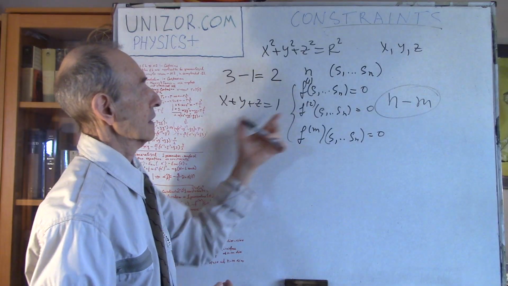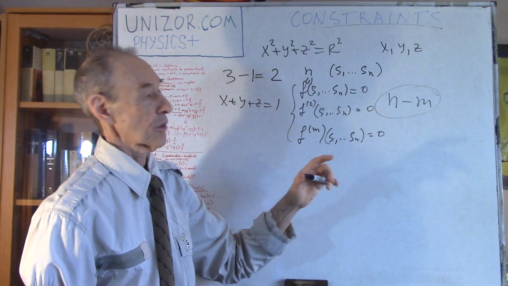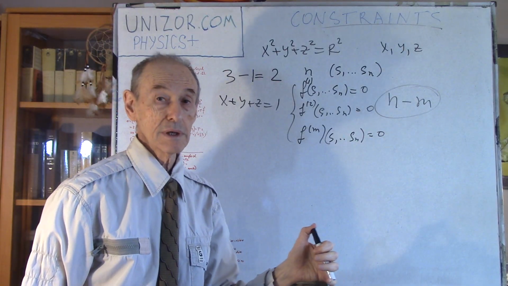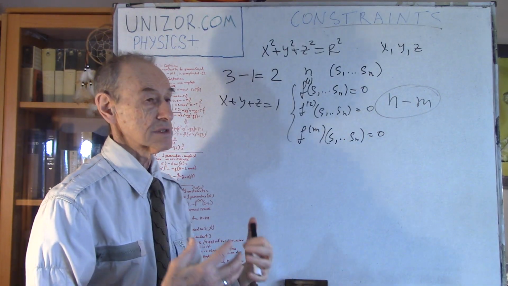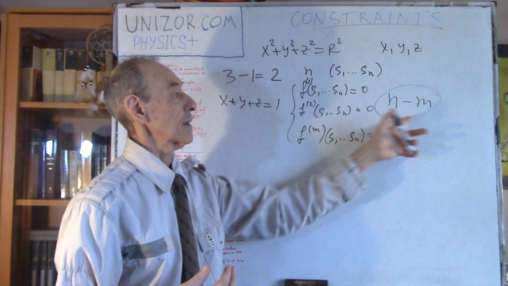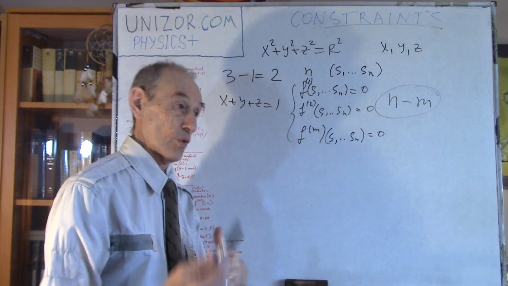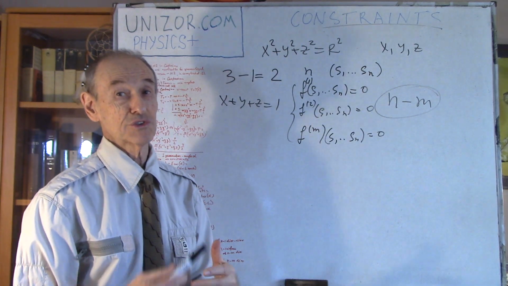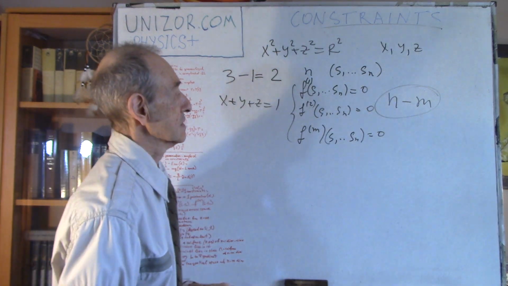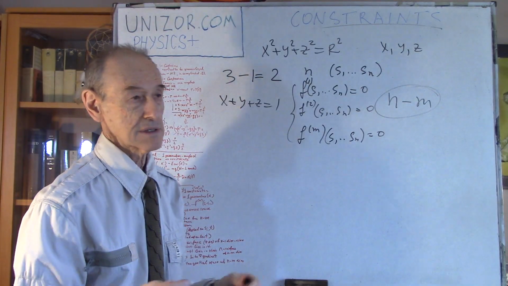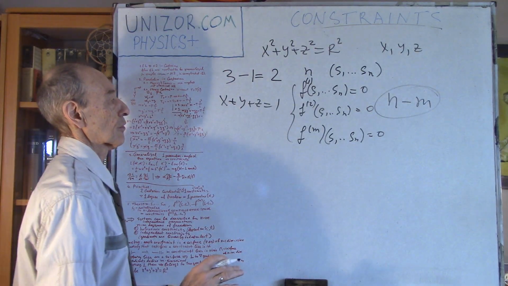So my n-dimensional world with m constraints produces a mechanical system with n minus m degrees of freedom, or parameters which are sufficient to define the position of the system, in special cases, but it's generally rather broad cases.